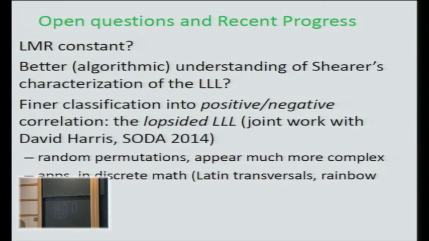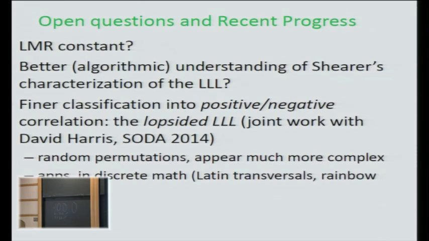So for example there's a classic result of Erdős and Spencer on Latin transversals. We are able to make it constructive. Moser-Tardos in general does not apply to the lopsided local lemma, right? So we are able to get some of those.